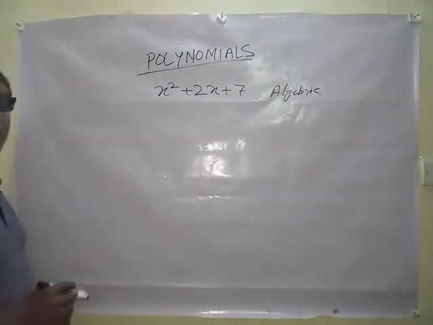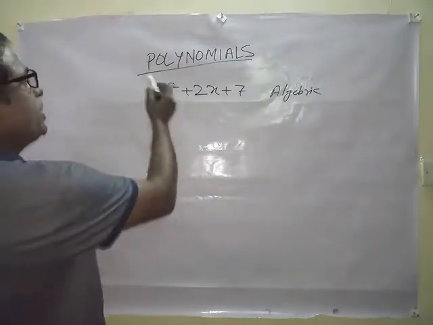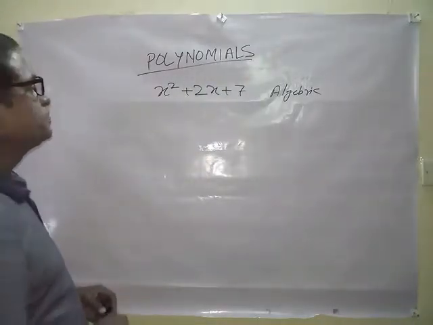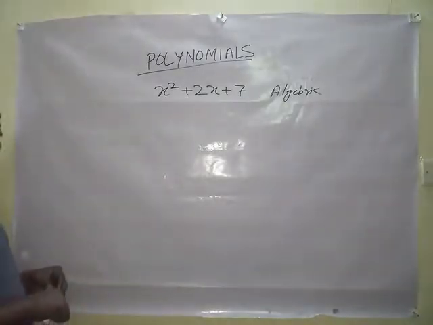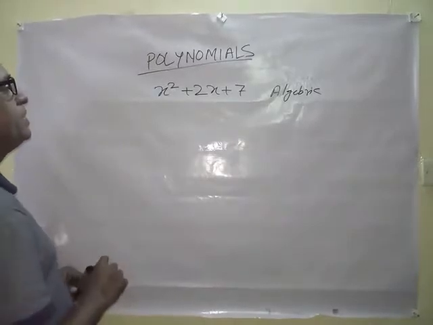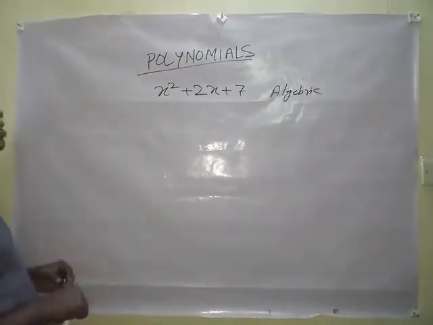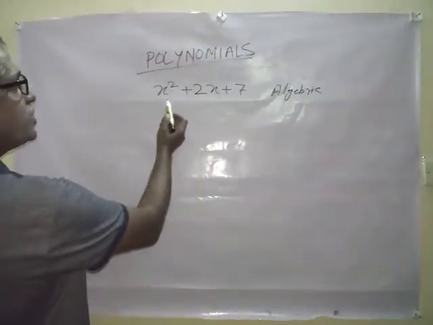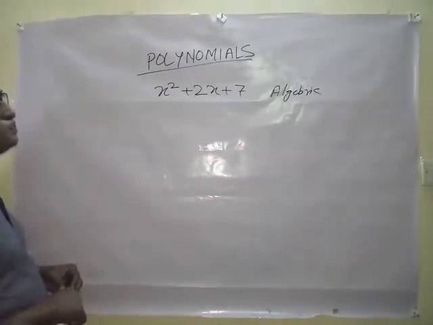Now, in class 9, the polynomial has been introduced, and factorization of polynomials and various other theorems for polynomials, which we will see in due course of time. But first of all, let us try to understand what exactly is the difference between the algebraic equation and the polynomial equation.